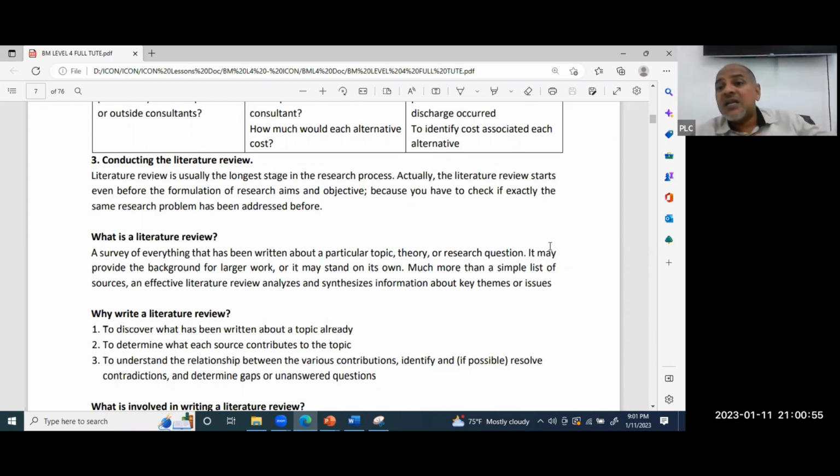So you have to say, Mr. John said there is a positive relationship. So you have to go and see in his research what he wrote. You have to go and read the theories, the literature. So how are you going to get the literature? You read books. You have to read the books and take notes.